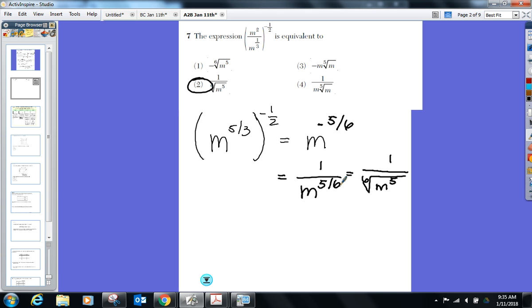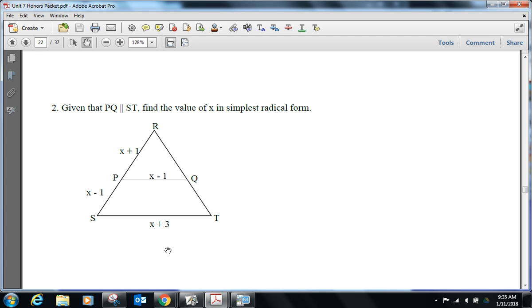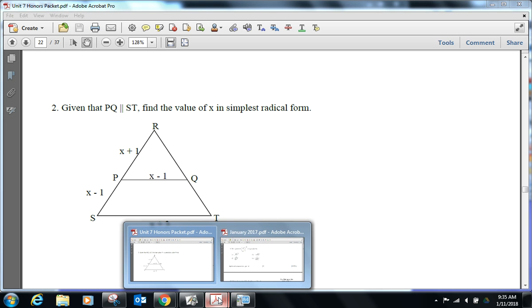All right. Anything else here we want to go over? Go ahead, Austin. 5. Where's my intersection points? That's not it.